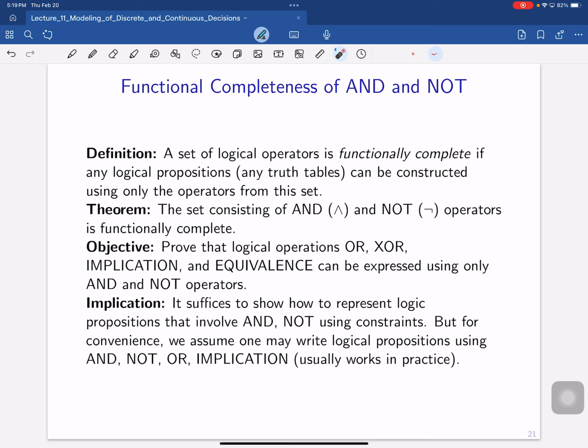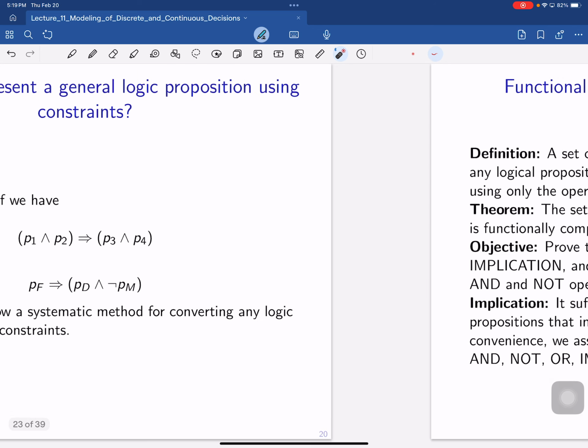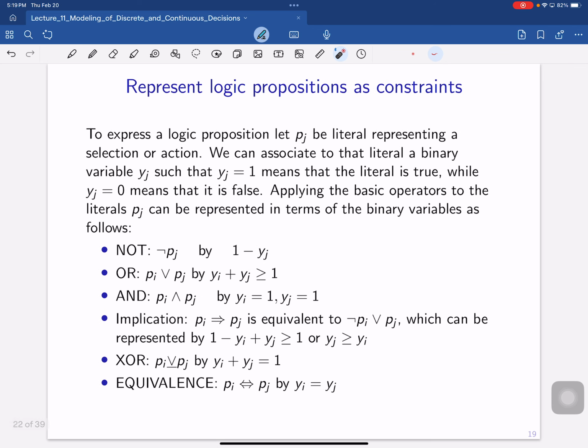Suppose you want to represent some very complicated logic conditions. You may be wondering, how many operators do we need? We've introduced these many logic operators. Are they enough to represent any logic someone wants to represent? Or maybe there are too many, and we don't even need all of them.